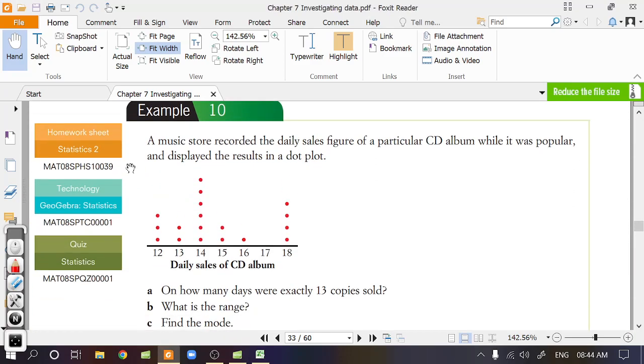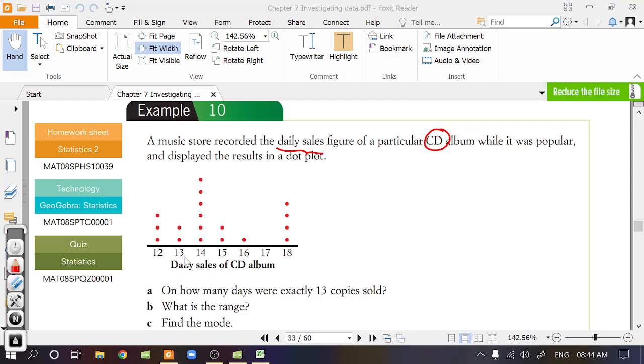Example 10. See example 10. A music store recorded the daily sales figure of a particular CD album while it was popular and displayed results in a dot plot. Daily sales of CD album. So what is this daily sales?